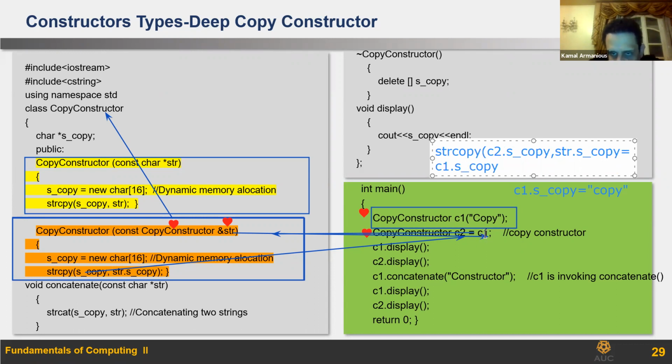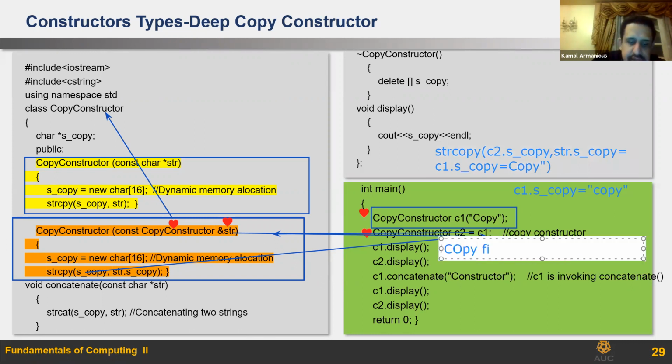Why? Because C1 is str. So str dot s copy equals C1 dot s copy, which is copy. After the execution of this copy constructor, C1 dot display is copy. This is from the first statement. The second statement, C2 dot display, after C2 equals C1, it will be copy.